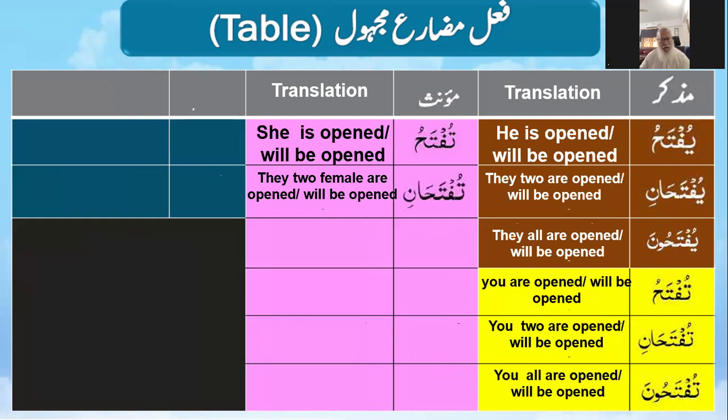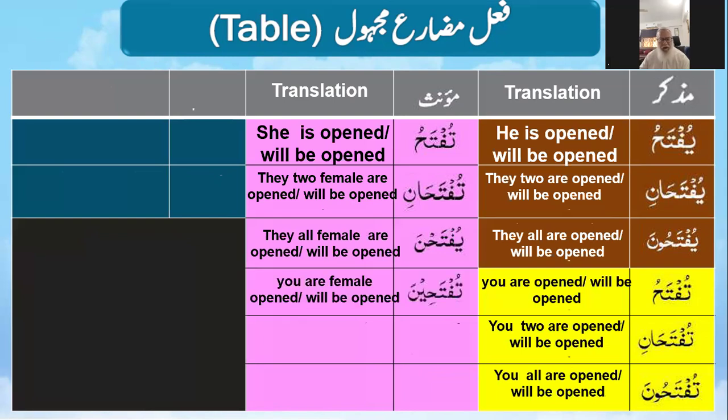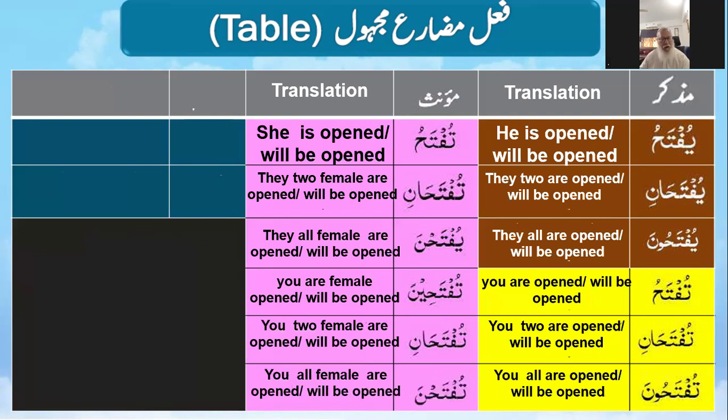Tuftahani, they two females are opened. Yuftahna, they all females are opened. Tuftahina, you one female are opened. Tuftahani, you two females are opened. Tuftahna, you all females will be opened.